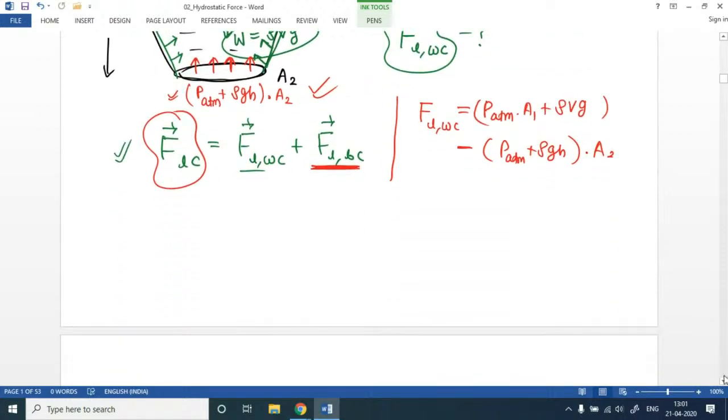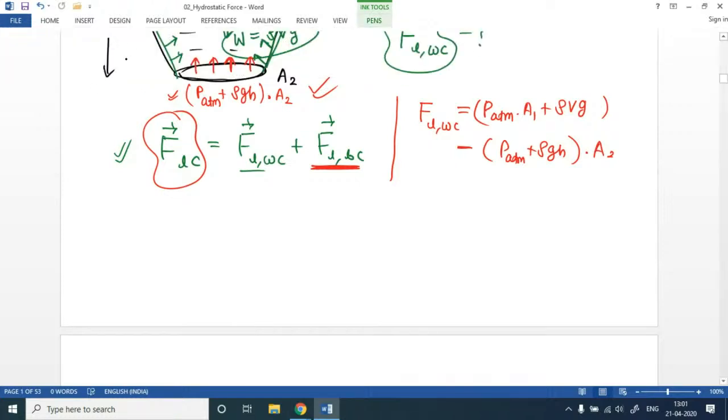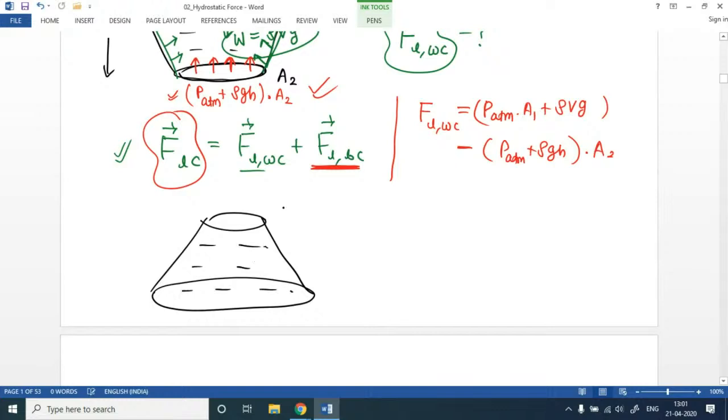Similarly, I am not going to solve that, but you can try this question also. Let's say this time the shape of the truncated cone is like this and liquid is filled in this, and let's say this area is A1, this area is A2, this is height h, and the liquid density is rho.